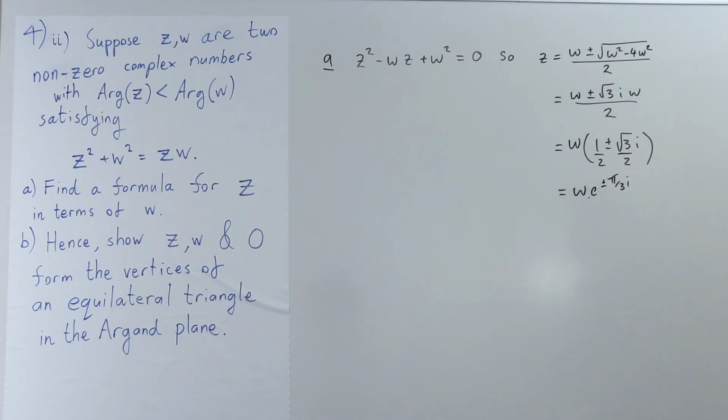So z is the complex number w times e to the pi on 3i, or times e to the minus pi on 3i.